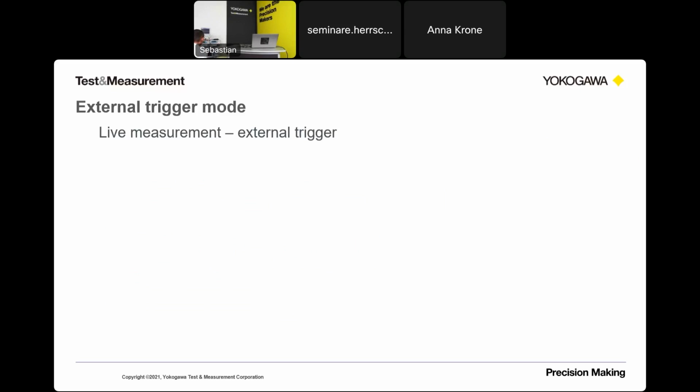In the trigger settings, the trigger function is set to the falling edge, and we have set a trigger delay of 11 microseconds. And if we then start the sweep, we can see that with each trigger signal, one sampling point is measured.